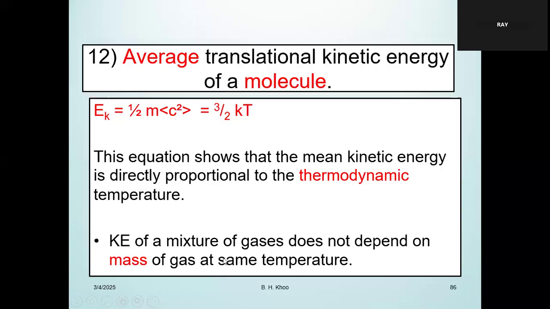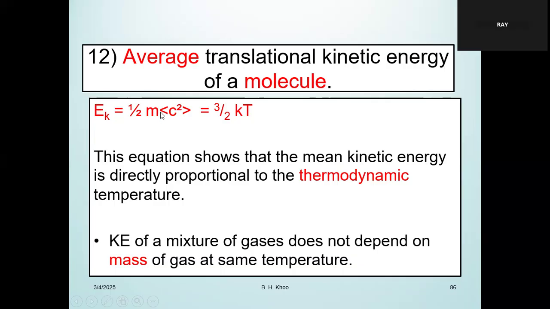Kinetic energy of a mixture of gases does not depend on the mass of the gas at the same temperature. Don't worry about this one. Kinetic energy depends on temperature alone. So even if you have a container with a mixture of gases, if the temperature is the same, the kinetic energy is the same.